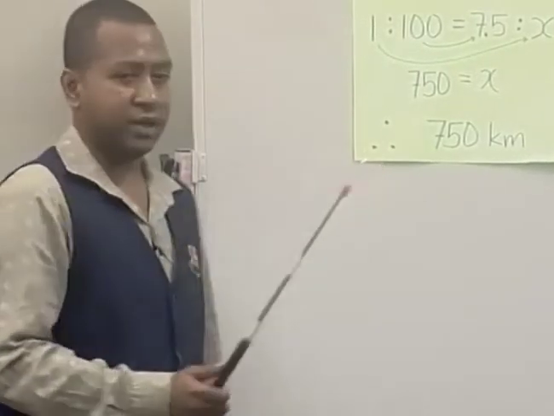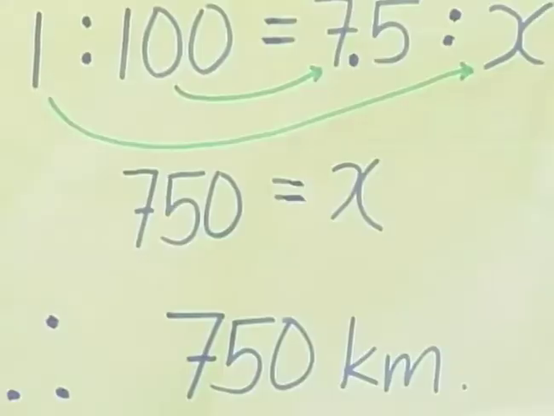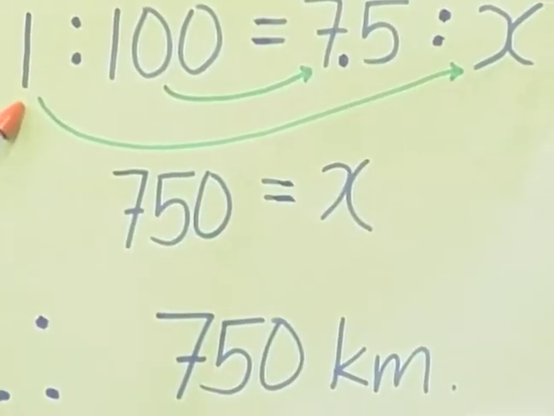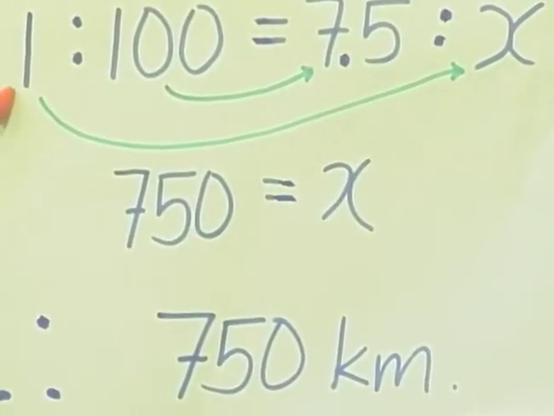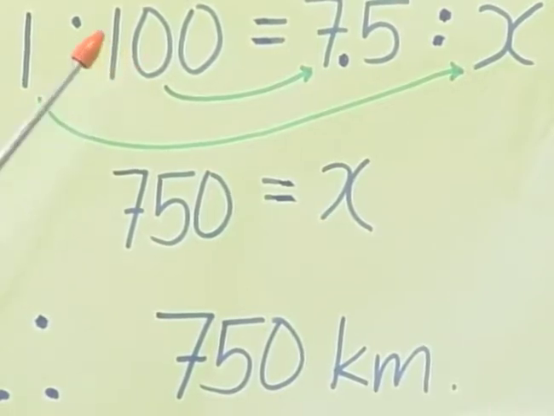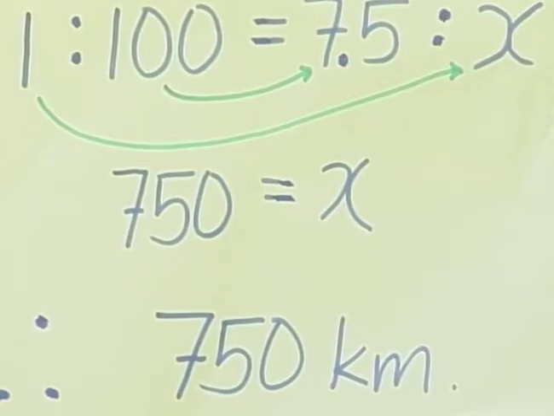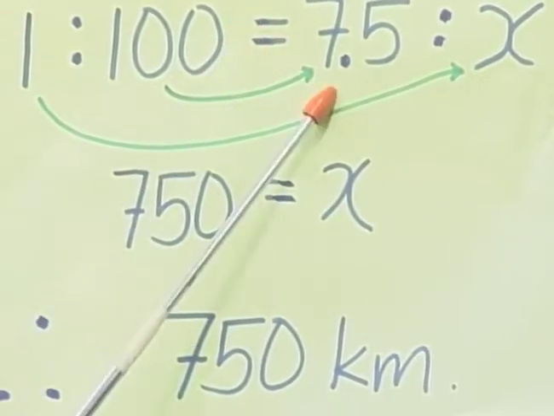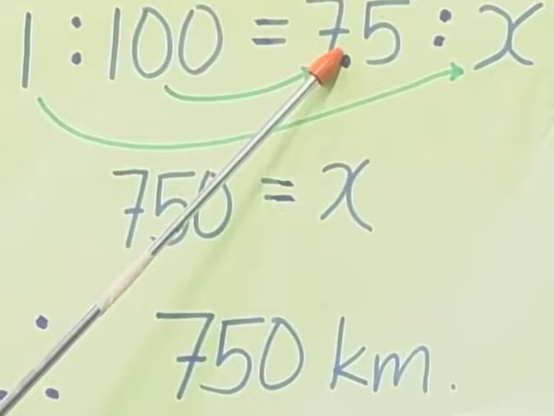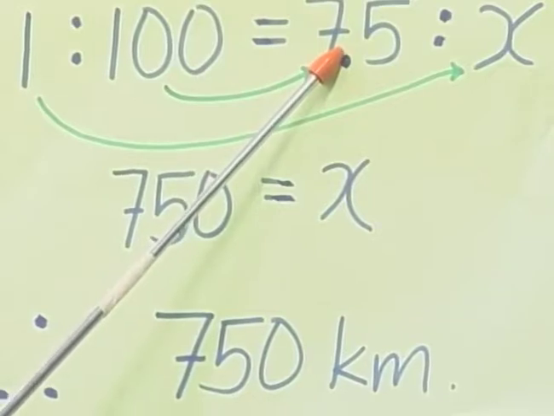So, first, our scale reads 1 centimeter is to 100 kilometers. 1 centimeter on the map measures 100 kilometers on the ground. Now, we have the measurement on the map, which is 7.5 centimeters.